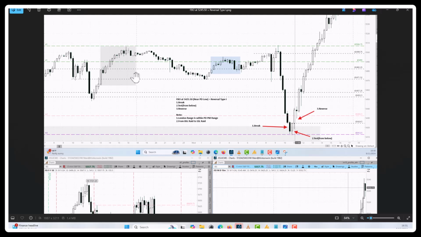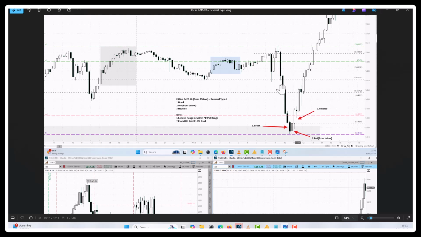Also, we pay attention to the London range, which is between the previous day PM range. So it did sweep the buy side, and then it swept the sell side, and then it reversed.